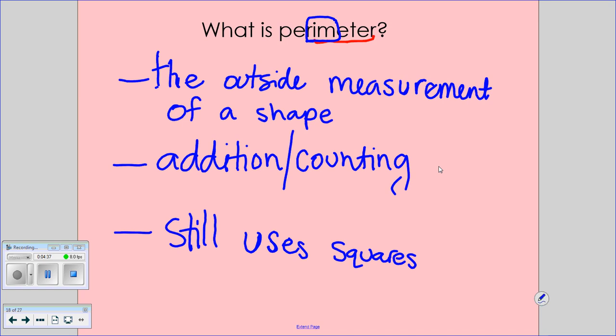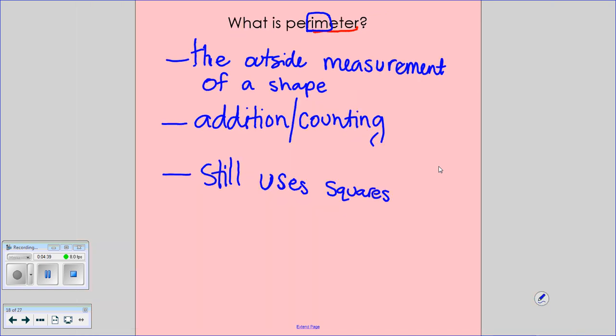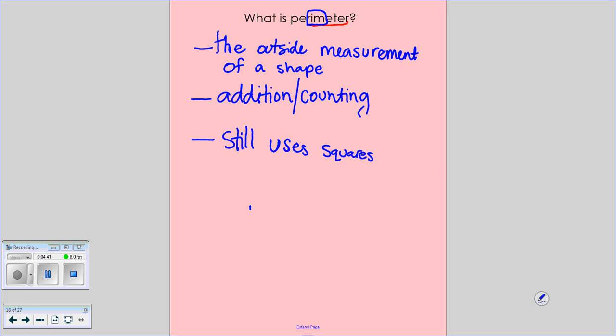When we are talking about a shape, let's say I have this rectangle, and I have a 4 by 2 rectangle. Go ahead and draw that in your notebook underneath our notes. I have a 4 by 2 rectangle.